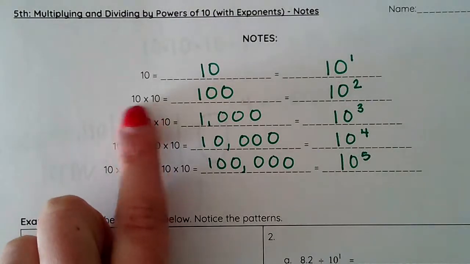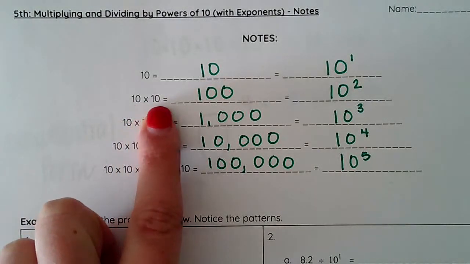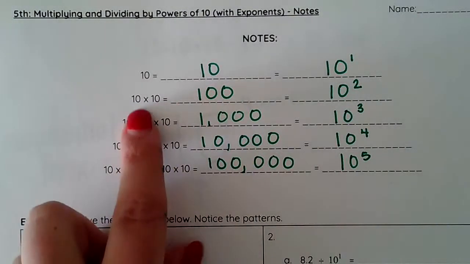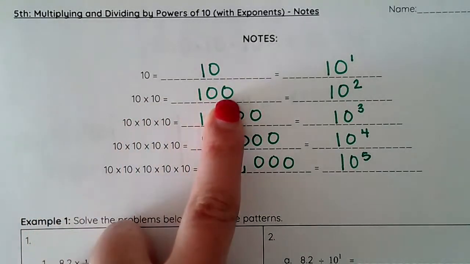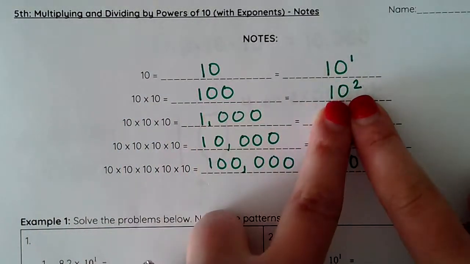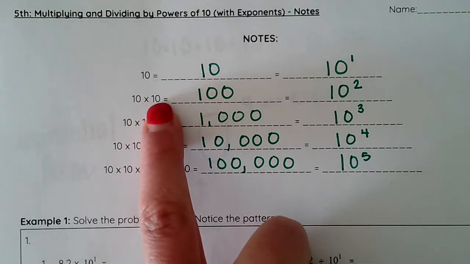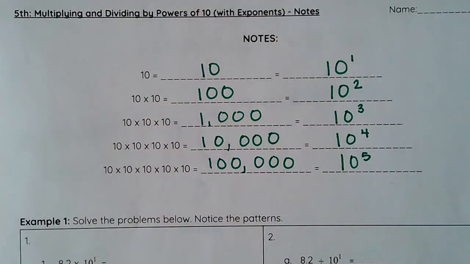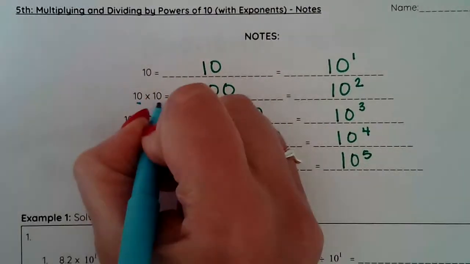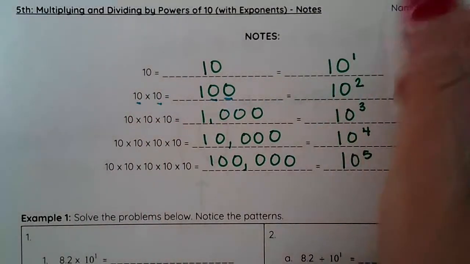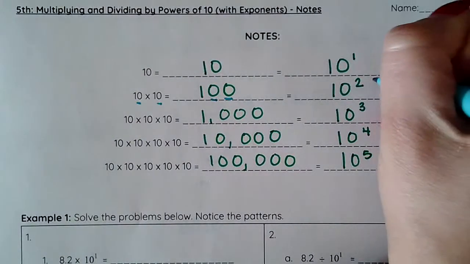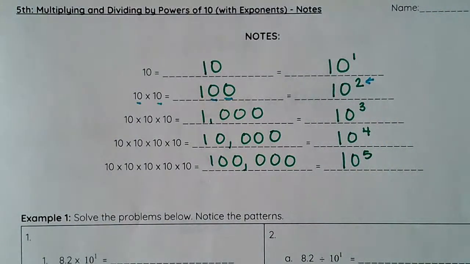When I have two 10s, 10 multiplied by 10, we know is 100. 10 times 10 is 100. That means that I have two 10s, 10 to the power of 2. Two 10s. I can also notice here that I have two zeros, and an exponent of 2.